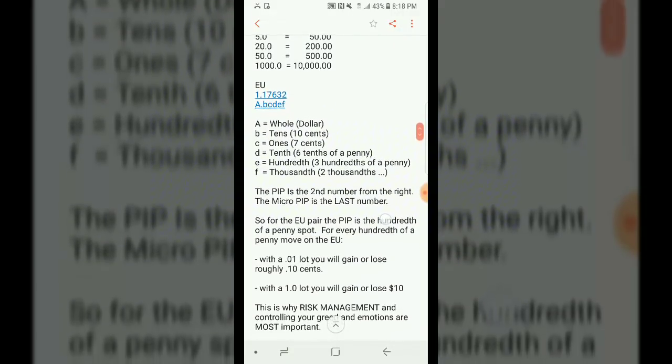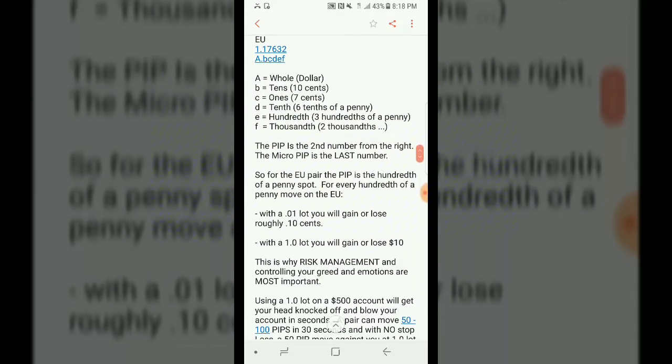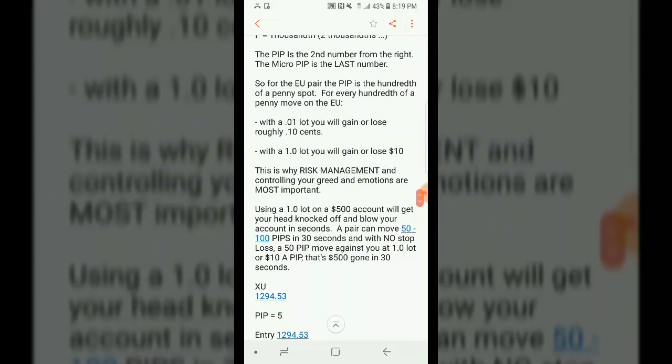With a 10.0 lot, you would gain or lose $100. This is why risk management and controlling your greed and emotions are most important. Using a 1.0 lot, which is $10 a pip, on a $500 account will get your head knocked off and blow your account in seconds.